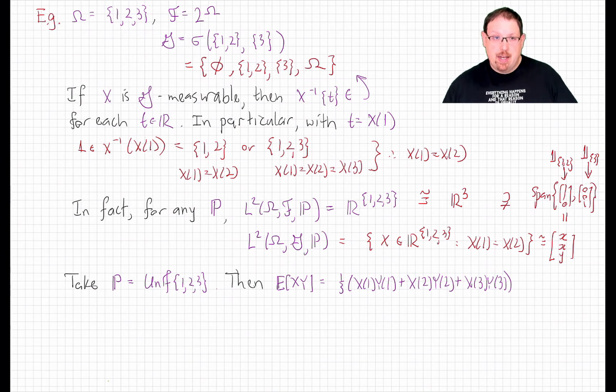Then the expected value of any function x is just going to be 1/3 times x(1) plus 1/3 times x(2) plus 1/3 times x(3). And so the inner product is just given by this usual inner product on R3 scaled by a factor of 1/3.